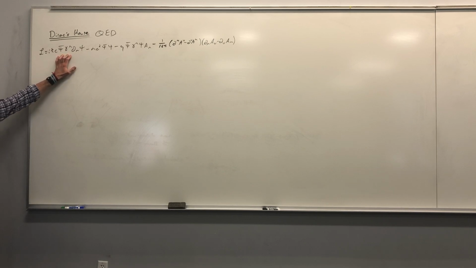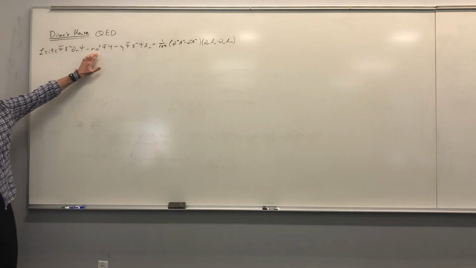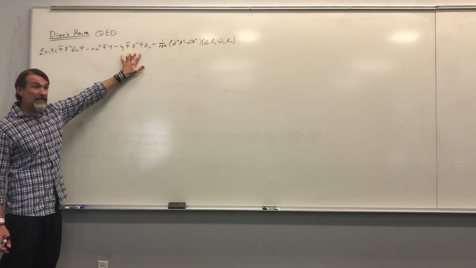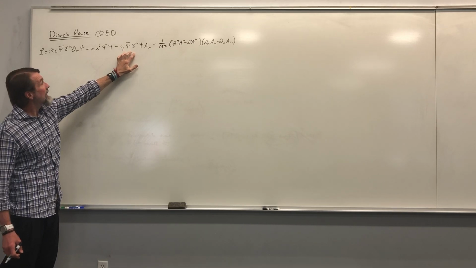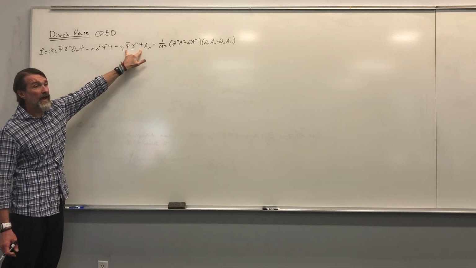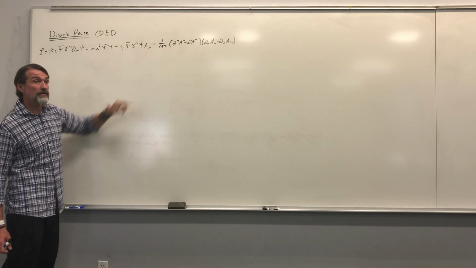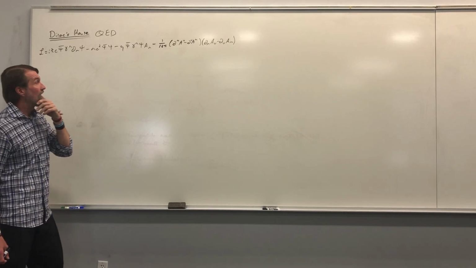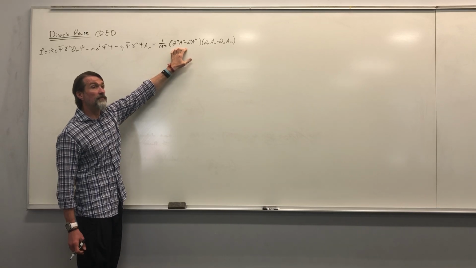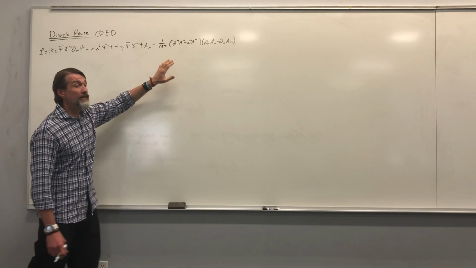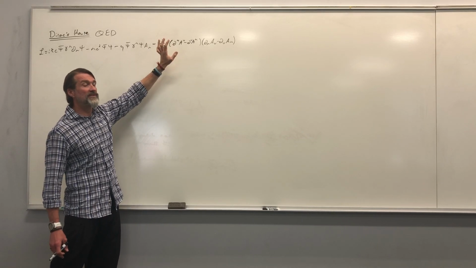Notice this is the spinor version of the kinetic term, along with this, which is also part of the kinetic term. This is, of course, the interaction term. It's an interaction term because the spinor field ψ is coupled to the gauge field A. And then this is the kinetic term for the gauge fields. This only involves factors of A, and it's a quadratic term, so it's just a kinetic term.